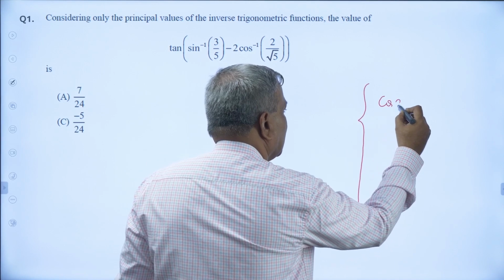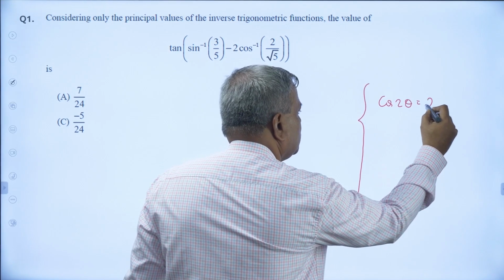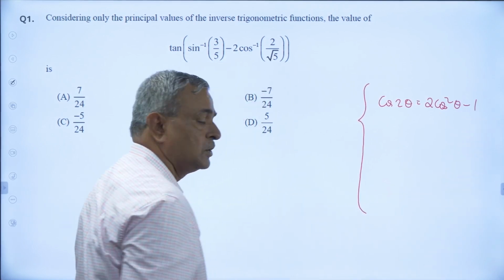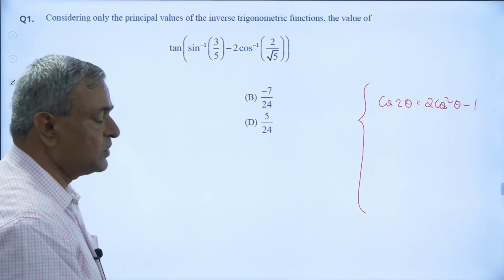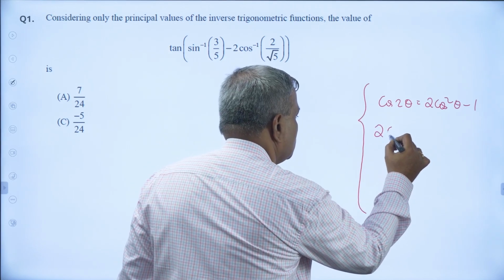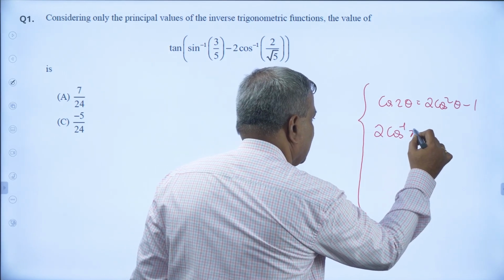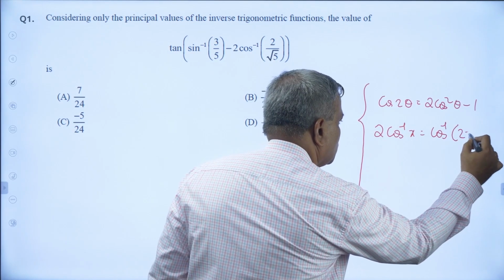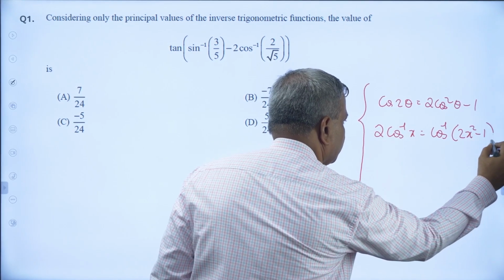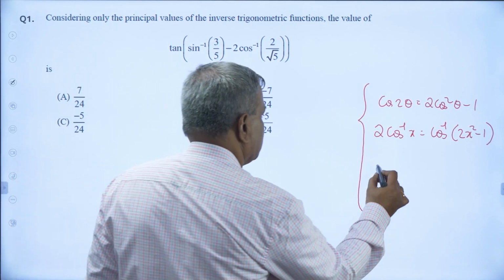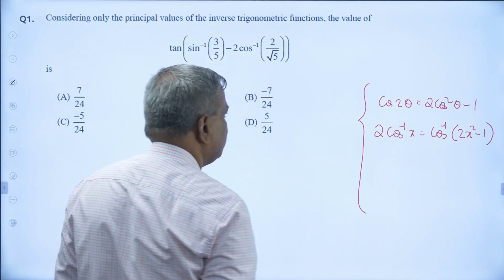Cos 2 theta is equal to 2 cos square theta minus 1. From that only we derived 2 cos inverse x is equal to cos inverse of 2x square minus 1. So we substitute it; this is one of the formulas we used.